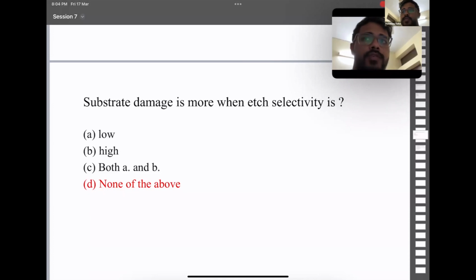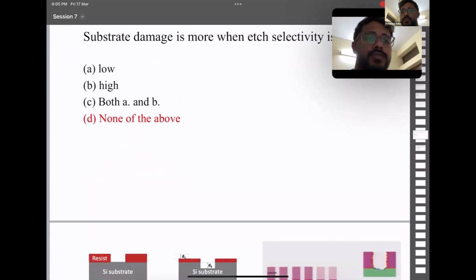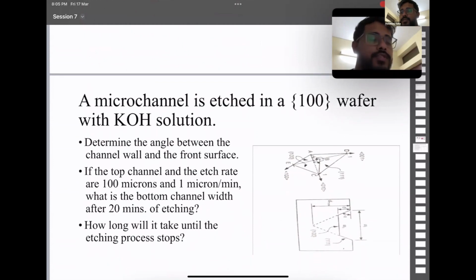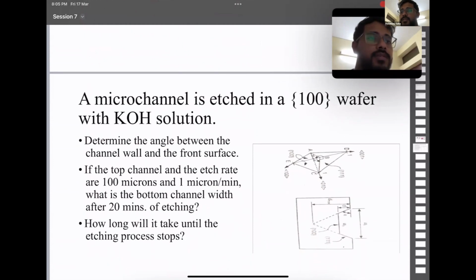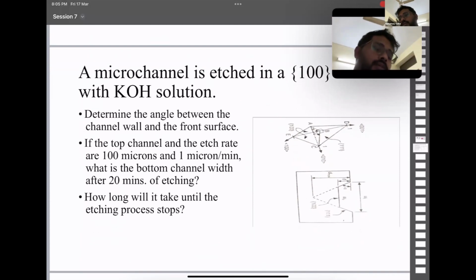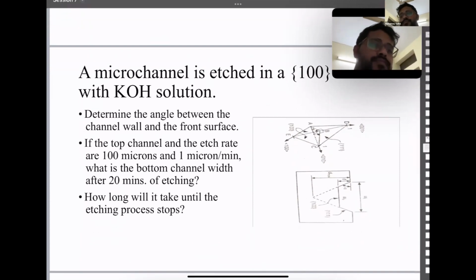If not, then we'll move to our next question, which is related to etching again. The question says a microchannel is etched in a 100 planar wafer with KOH solution.